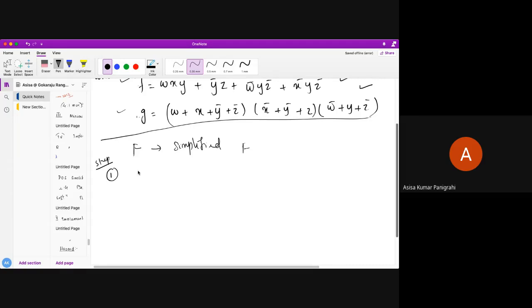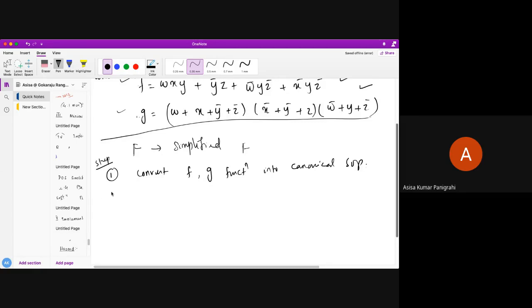Step 1: convert small f, small g functions into canonical SOP. Why? Because we need to find out a SOP function of capital F. If both the functions are in canonical SOP, then it will be easy for me to construct a capital F from it.